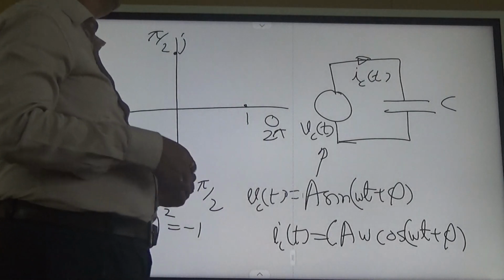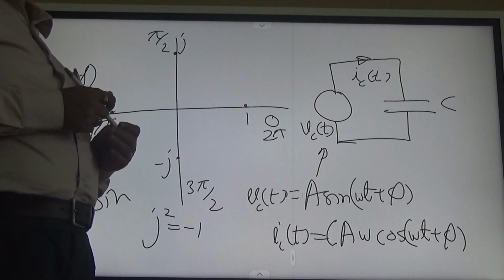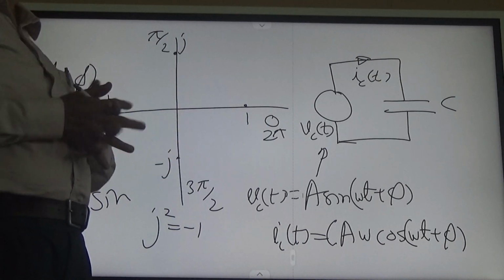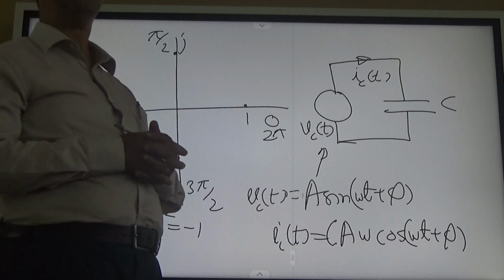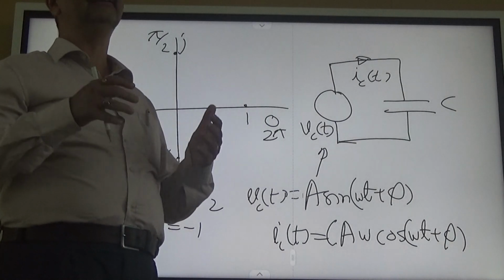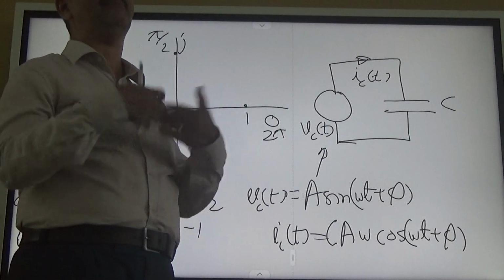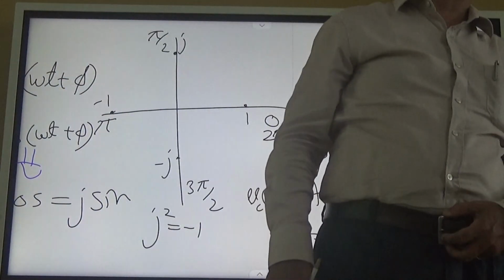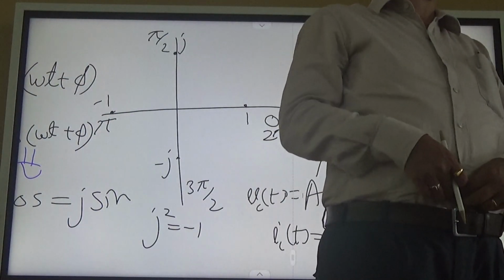It is 1 upon omega c tan omega t. Have you heard anywhere that a resistance-like parameter for capacitor is called impedance? Resistance-like parameter for capacitor, impedance, is 1 upon omega c tan omega t.